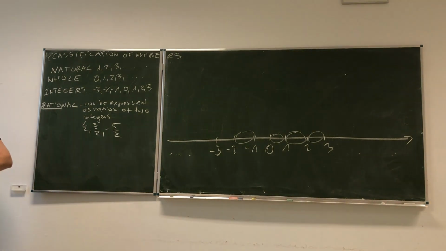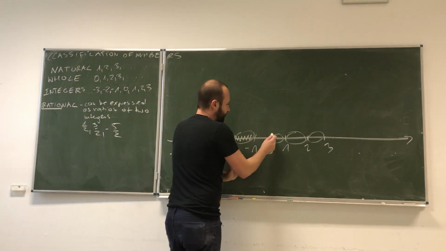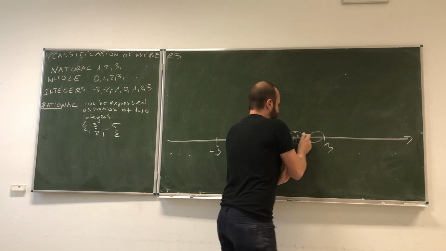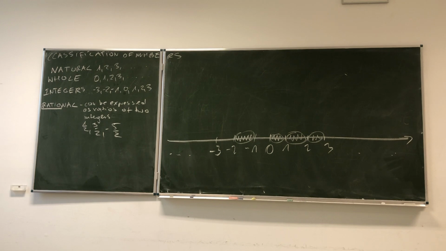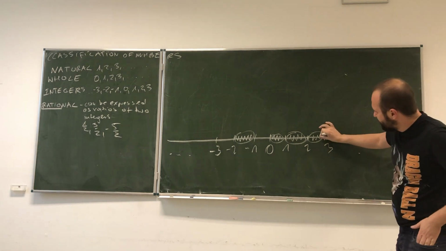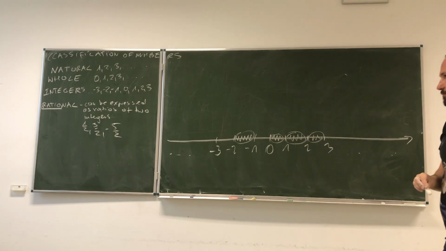Okay, so now what we started to do is filling all the places over here. But as it turns out, there are still some spaces left that we haven't filled with rational numbers.